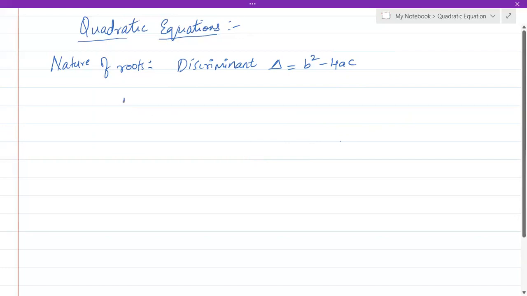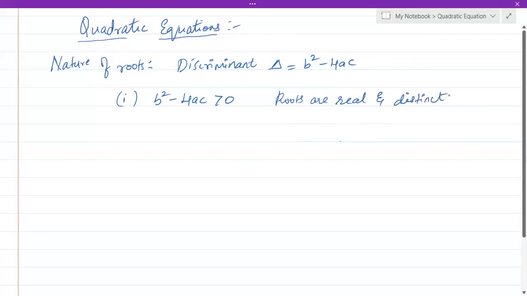Now if b square minus 4ac, the value inside the root, comes out to be greater than 0, then the roots that we get are real numbers, and both the roots are different. Therefore, roots are real and distinct.